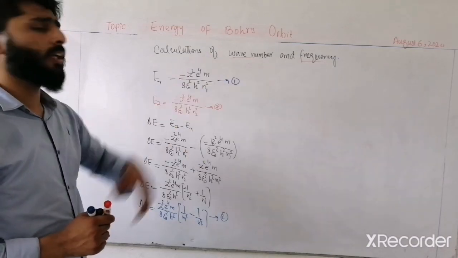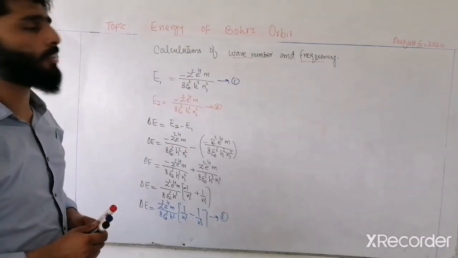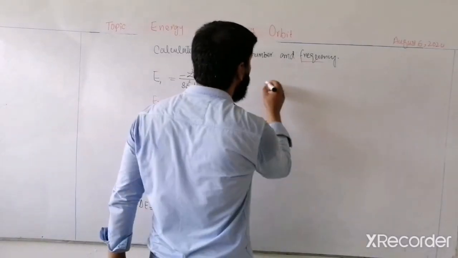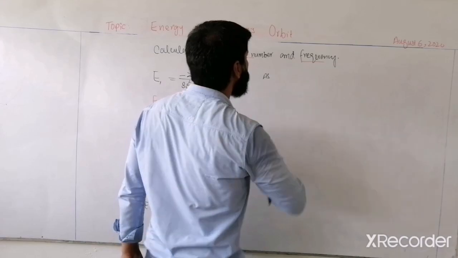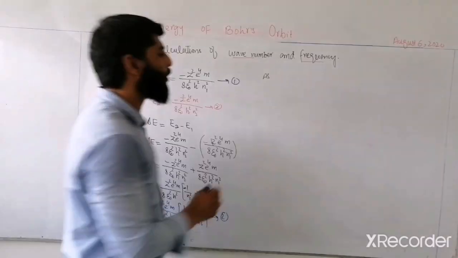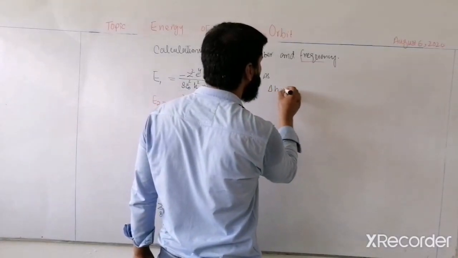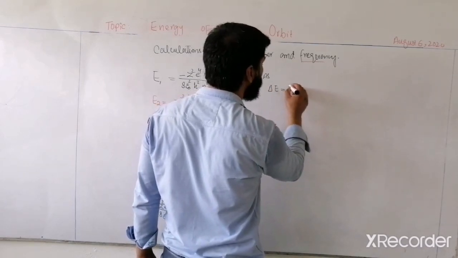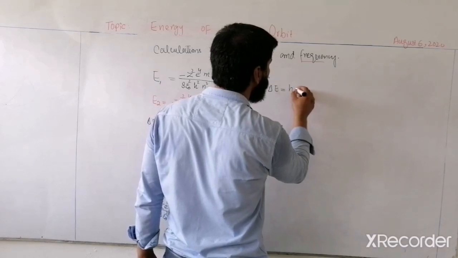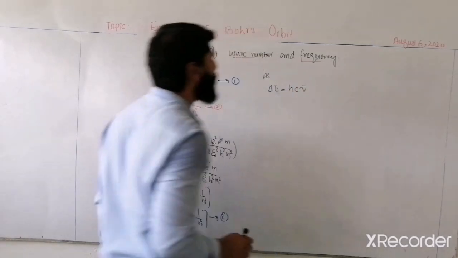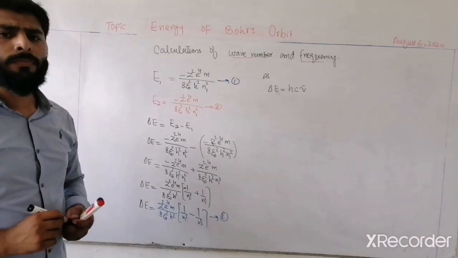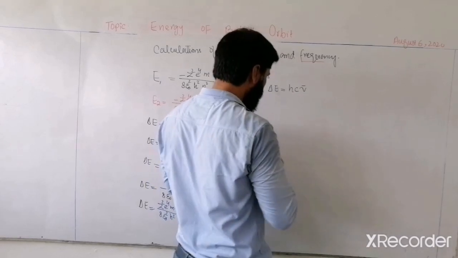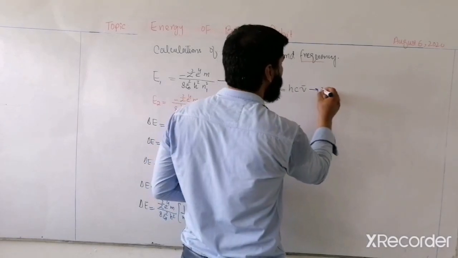In order to calculate the wave number, we will have to use the concept developed by Planck. What is Planck's quantum concept? According to Planck's quantum theory, delta E is equal to hc nu bar, and this is equation number 4.